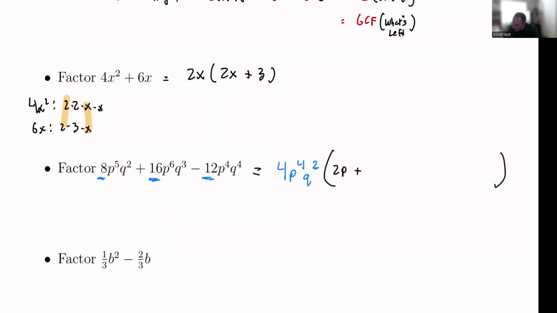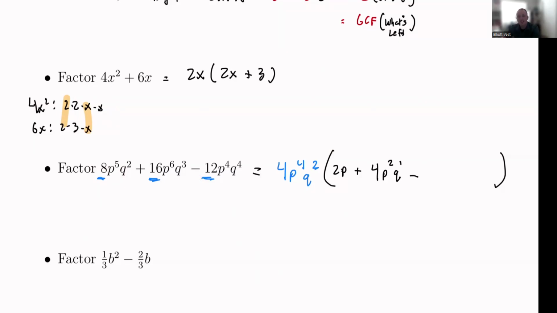Now, what's my next term? Well, I pulled out a 4, which means if I distribute this 4 back in, 4 times 4 is 16, so I still have a 4 inside the parentheses. How many p's do I still have in my parentheses for this term? Well, I pulled 4 of these p's out, so there are 2 p's remaining. And I pulled 2 q's out, which means there's 1 q remaining. We still have this minus here, so we'll leave it like that.